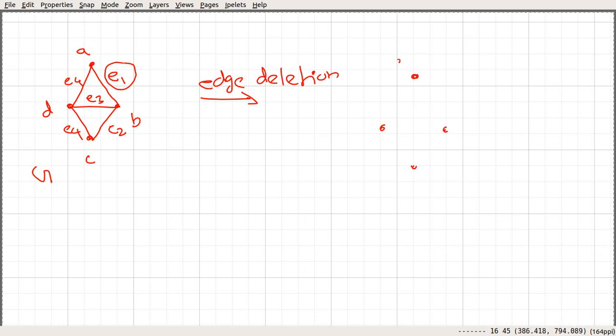We have the same vertex set A, B, C, D. E1 won't be here because we are deleting E1 from graph G. E2 will be there, E3 will be there, and similarly E4 and E5 will be there.